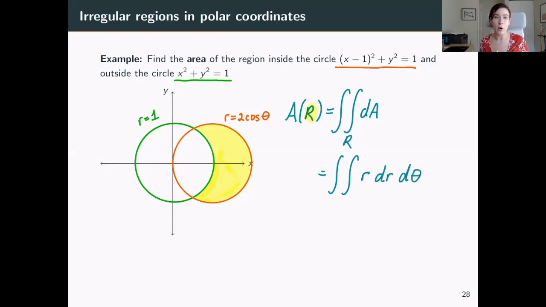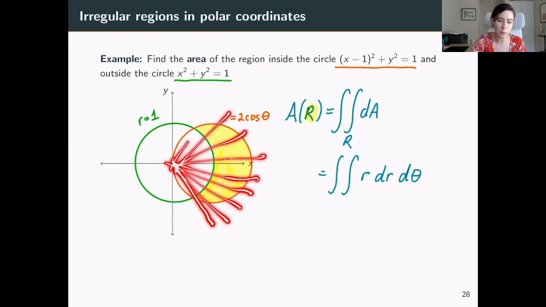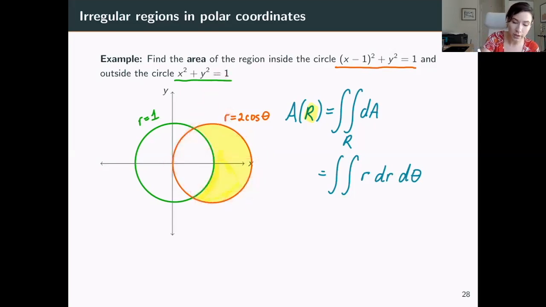We need to figure out how our radius is changing and also how our theta is changing. And here we can see that, for my various values of theta, what are my values of theta? I'm taking values of theta from whatever this is all the way until theta equals, if you remember earlier in the slides, we found that this point of intersection was happening when theta was equal to pi over 3.